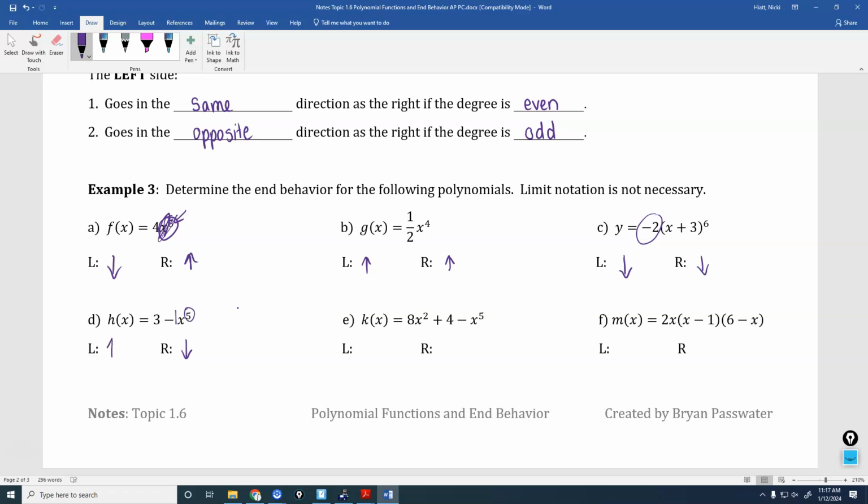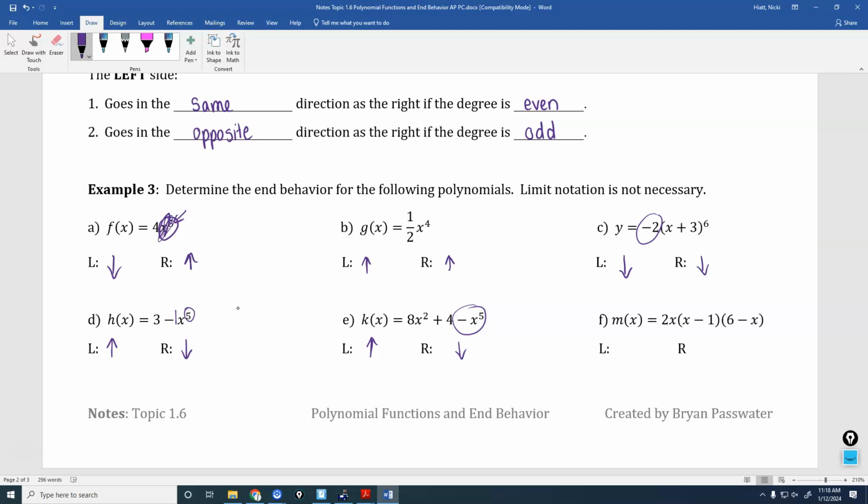So the left is going to be the opposite. It's going to go up. E is going to be the same because -5x to the 5th is your leading term, even though it's not in that order. So you would have the same up here, down here.